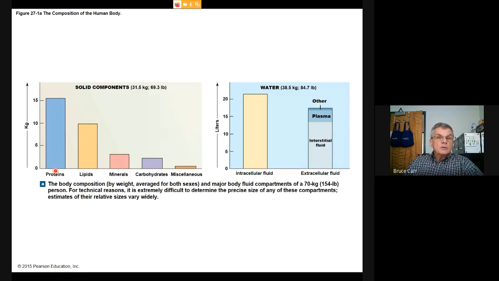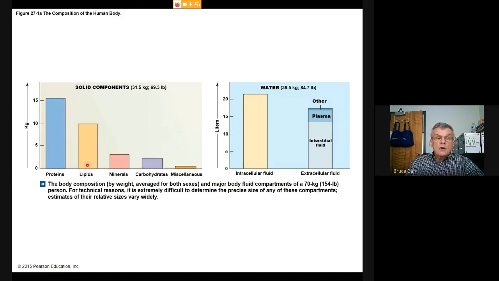The most abundant and the most diverse type of organic molecule is the proteins. Sometimes proteins are made in massive amounts, like the actin and myosin of muscles or the hemoglobin of blood. Sometimes they are individual enzymes that are only active in a specific group of cells in a specific organ in the body, but they add up to a tremendous amount, 15 kilograms of solid.